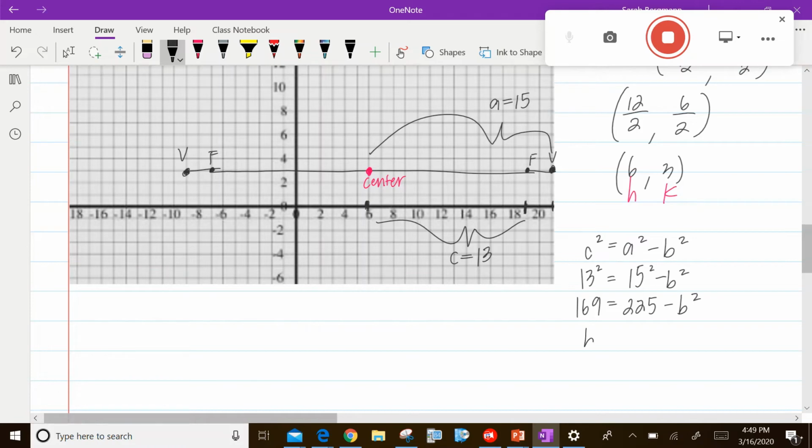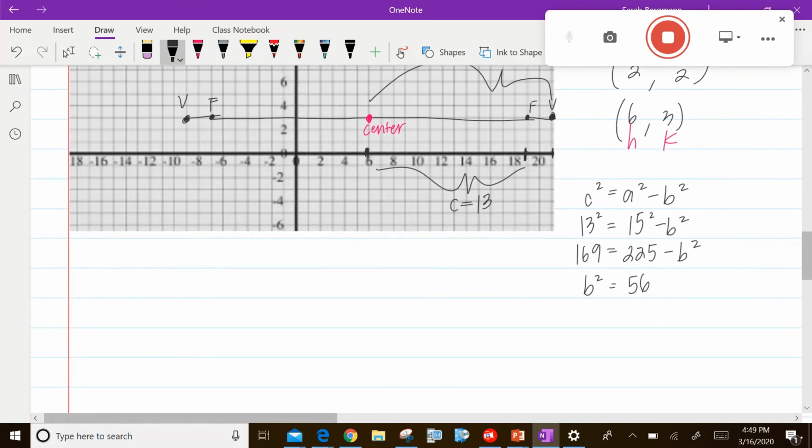I'll just rearrange my equation by adding b squared on both sides and subtracting 169 on both sides. So I get b squared equals 56. I don't really need to solve it completely for b because my equation only requires b squared.